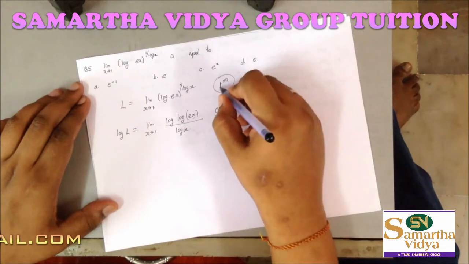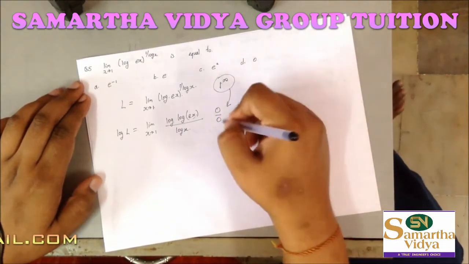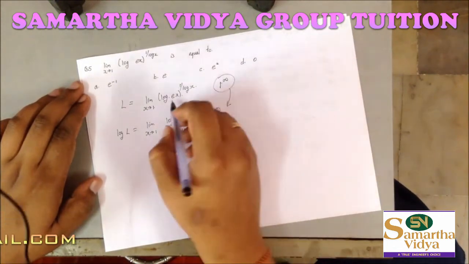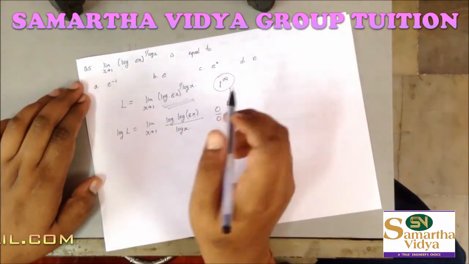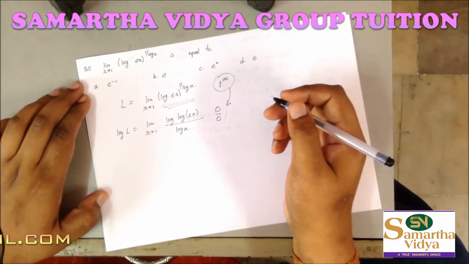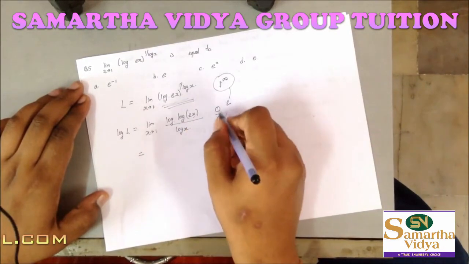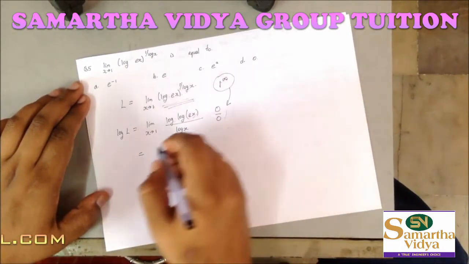So basically your 1 raised to infinite changes to 0 by 0 form. So we can apply the L'Hopital rule, because directly we cannot apply over here, because for L'Hopital rule you always require a 0 by 0 or infinite by infinite. So now, since it is of the 0 by 0 form, L'Hopital rule is applicable.